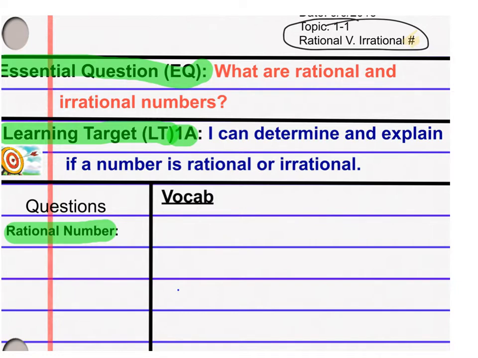Then we're going to move on to the vocabulary. Our first vocabulary word is rational number. If our goal is to determine what a rational number is, we need a definition.